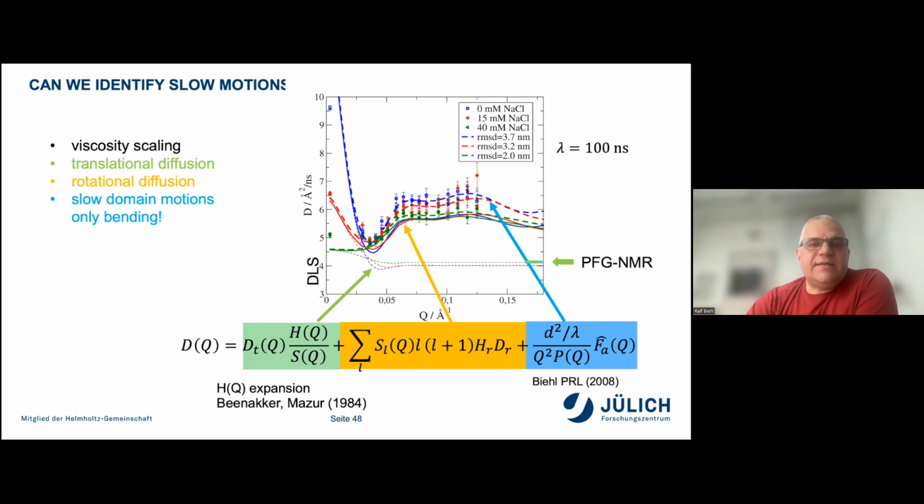Then we find that the additional amplitude, if we take only bending motions, in and out of plane bending motions, gives root mean square displacements of 2 nanometers with salt and up to 3.7 without salt.